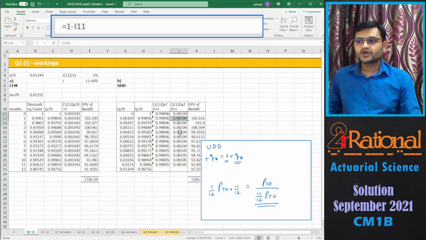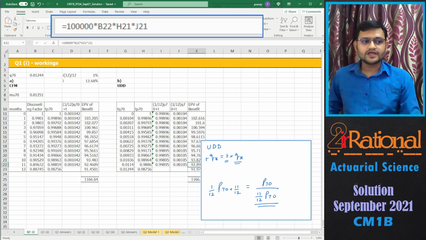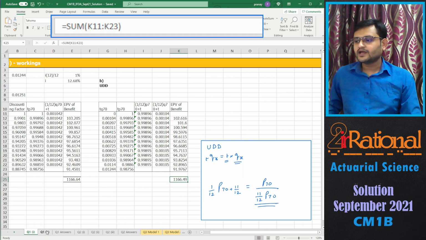Then for q values, I have taken 1 minus of these values. Now you can calculate all of these values in many different ways. I'm not saying that this is the only way, but finally we should get these as our answers. We should always get that our UDD expected present value is lower. Why? We have to explain that in our second part.